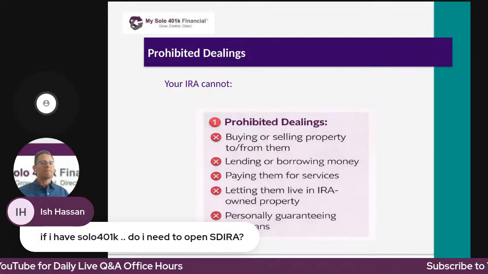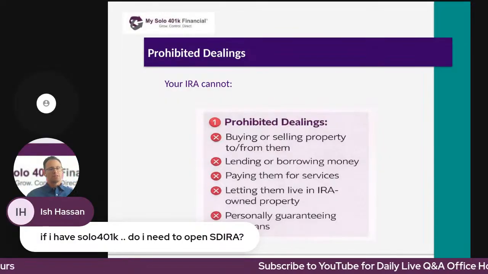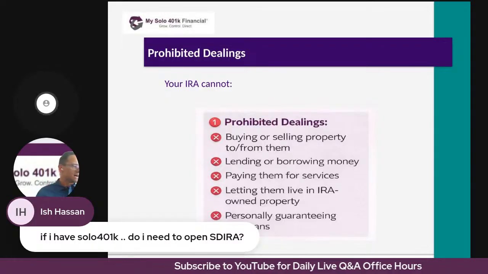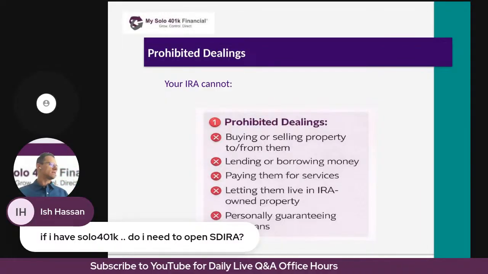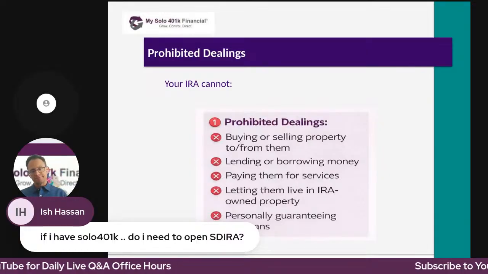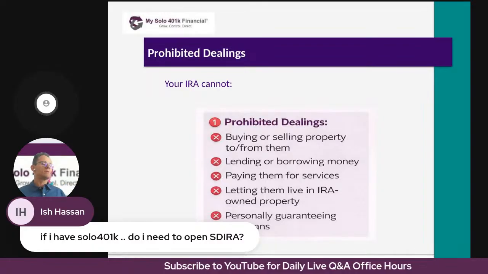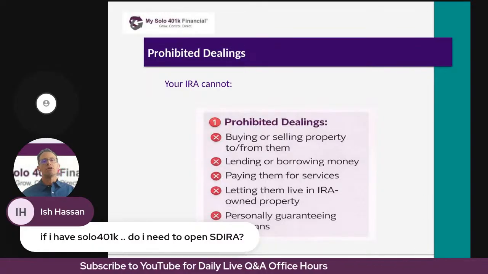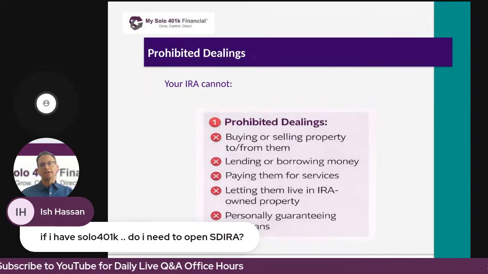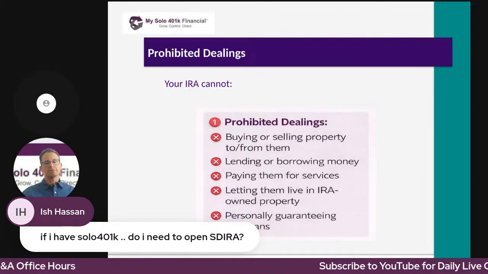You also cannot have personal use of the self-directed IRA assets. If your self-directed IRA owns an asset, you cannot use it personally. So precious metals, real estate. Again, an example would be you cannot stay in a vacation home owned by your self-directed IRA, even if you pay market rent.